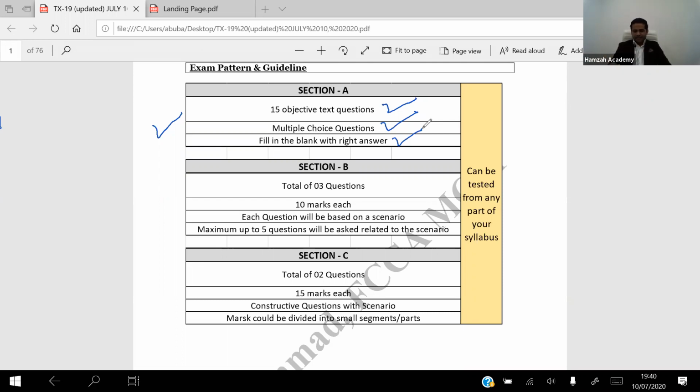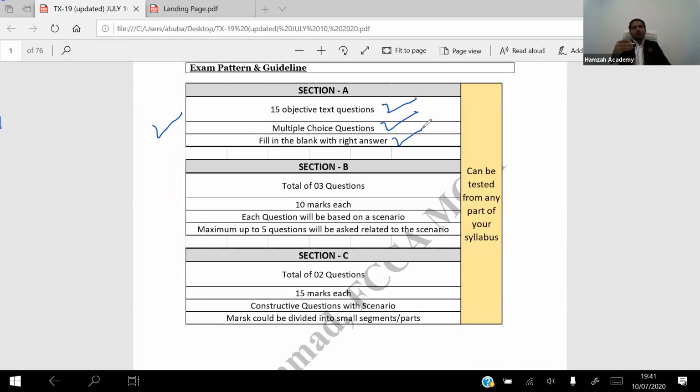Section B has a total of 3 questions, with 10 marks each, and each question will be based on a scenario.